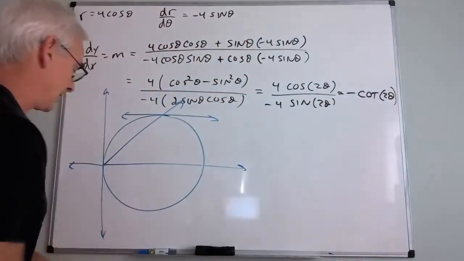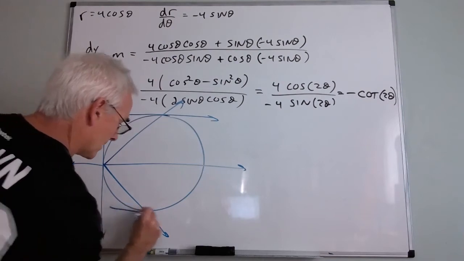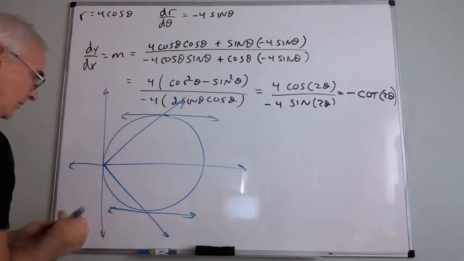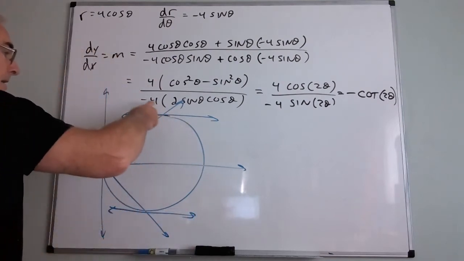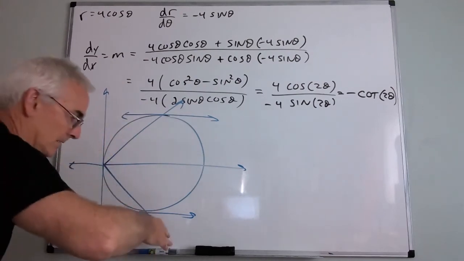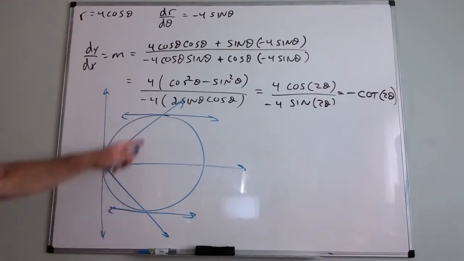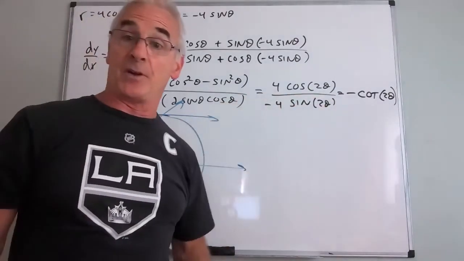How about down here now? If I take my angle, we said that was pi over 2, so now this is 3 pi over 4. And that will put me down here. So I have two horizontal tangents, I have two vertical tangents, and they're actually very easy to find.